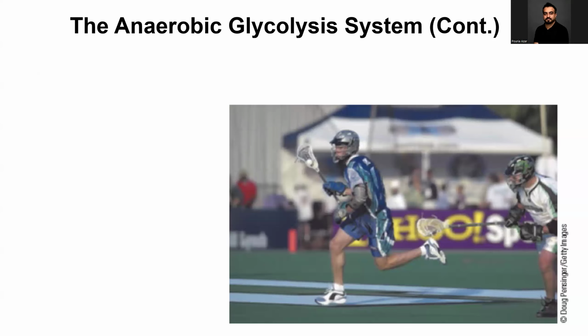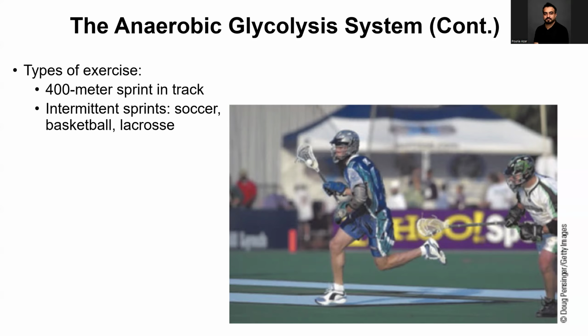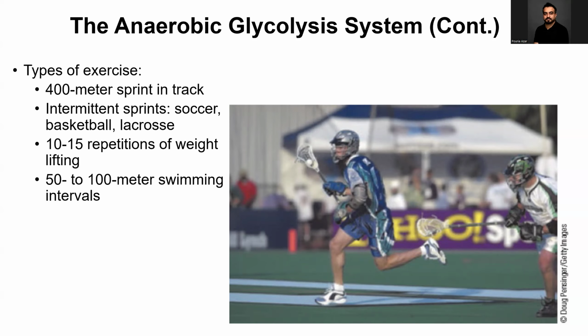For the anaerobic glycolysis system, we have several different types of exercises that predominantly use the glycolysis system. For example, 400-meter sprint in track, intermittent sprints, soccer, basketball, 10 to 15 repetitions of weightlifting, 50 to 100-meter swimming intervals, 300-yard shuttle run, and wrestling.